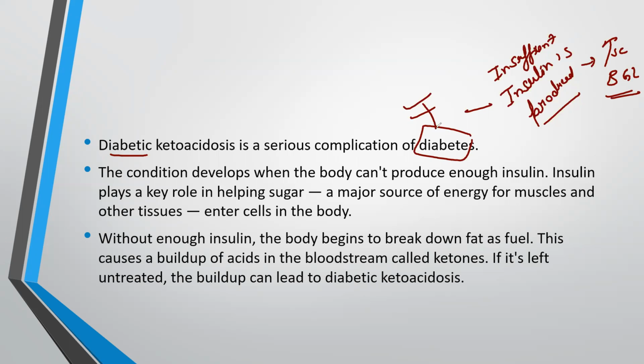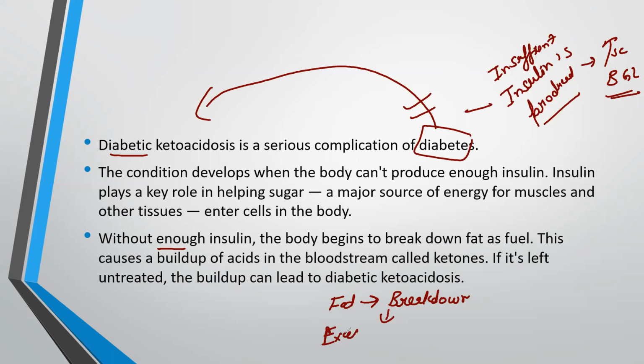When diabetes is not treated, it leads to diabetic ketoacidosis. And what is diabetic ketoacidosis? Without enough insulin, there is excessive fat breakdown that leads to excessive ketone production.